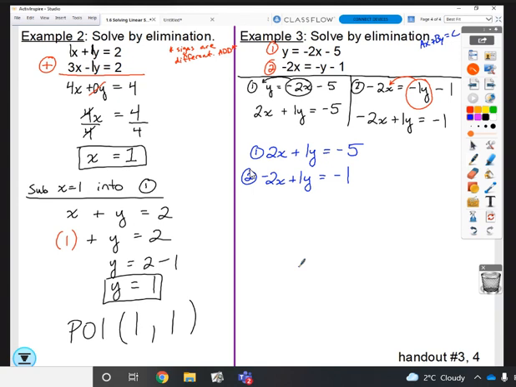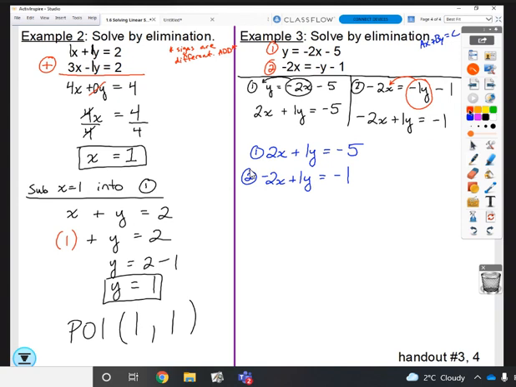And the reason why it could be either is because, look, we have matching 2's, just like that, 2 and 2, and we also have the matching 1's for the y's. So it doesn't actually matter, but we do have to make one choice. So do you want to eliminate the x's or the y's?